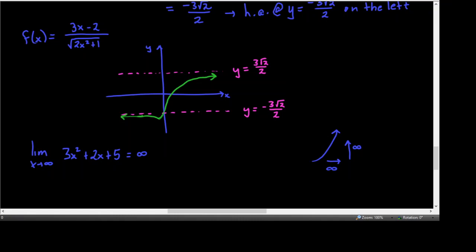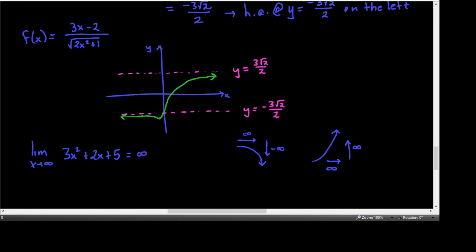I'm not going to go into all that jargon. What they're saying is true. I just don't think you need to worry too much about it. And the statement, the limit of f of x as x approaches infinity equals negative infinity, means that the further to the right you go towards positive infinity, the further down you'll go towards negative infinity.